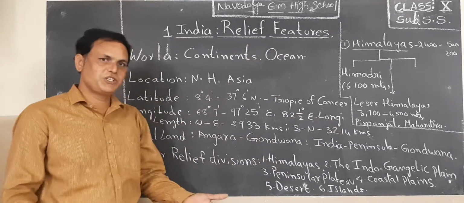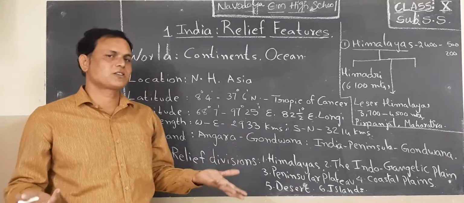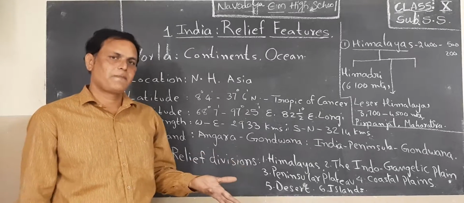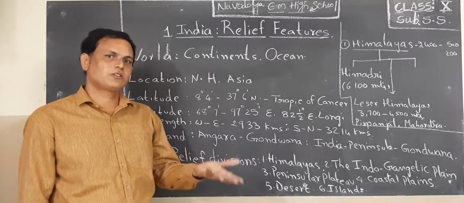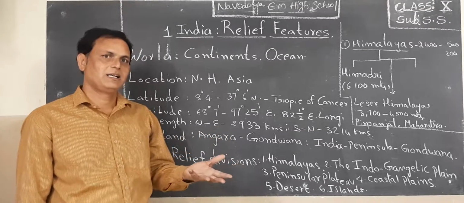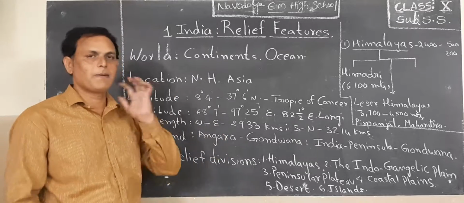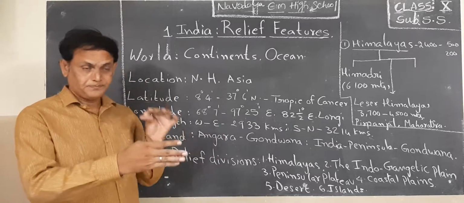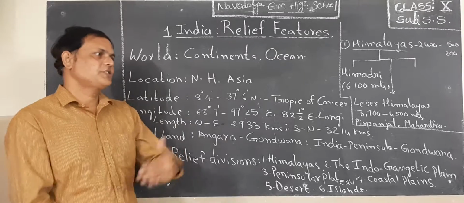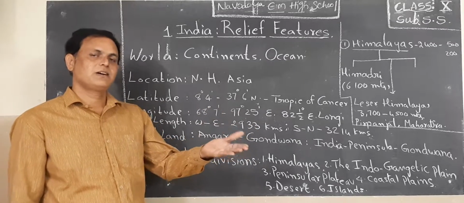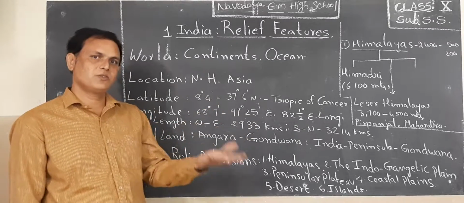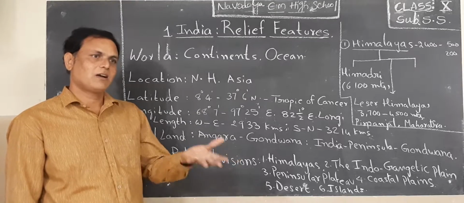For example, Asia is one of the biggest continents. Africa, Europe, North America, South America, Antarctica, Australia. So these are the continents. Next, oceans: Pacific Ocean, Arctic Ocean, Southern Ocean, and Atlantic Ocean.